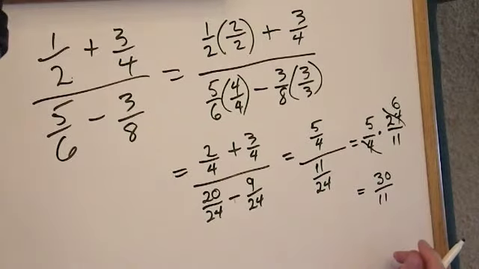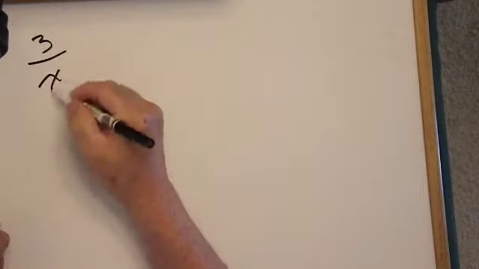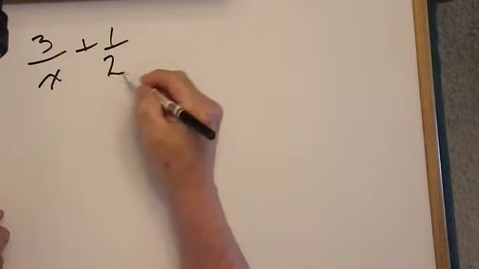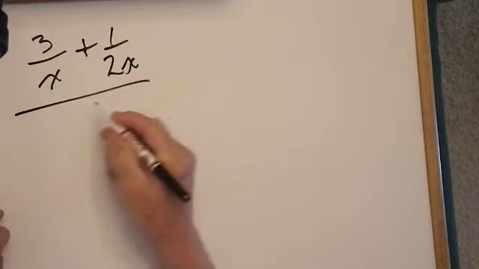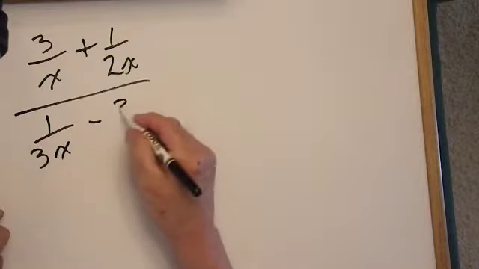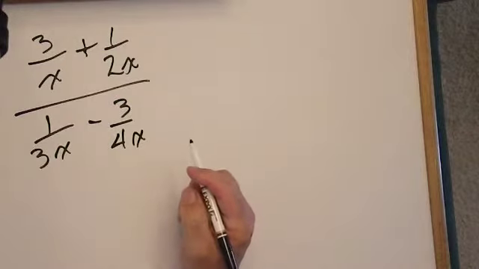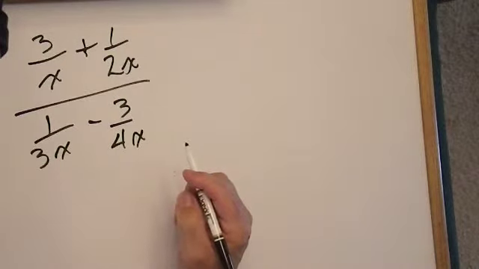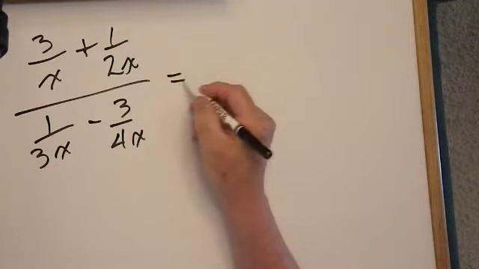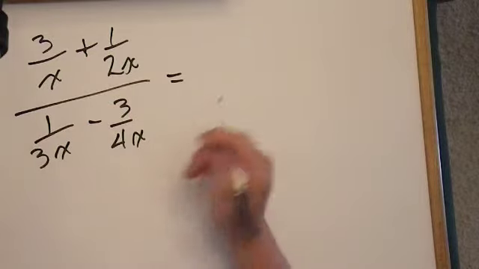Let's look now at number 5 on page 549. Okay, so this one is 3/x plus 1/(2x), all divided by 1/(3x) minus 3/(4x). So again, with this second approach, we need to find the least common denominator for the numerator and for the denominator.